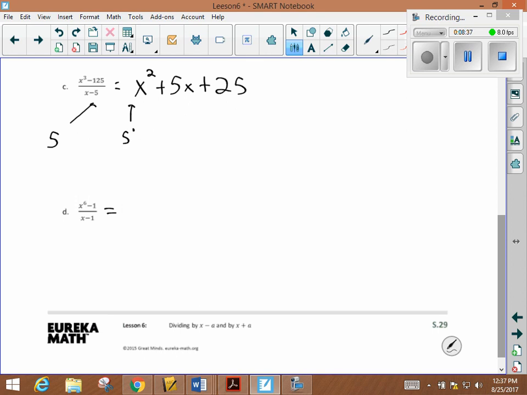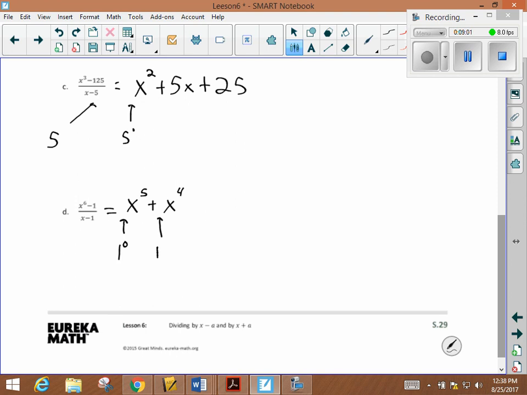x to the 6th minus 1. All right, where we're looking at different powers of 1 as we go out with this. Now, our degree of our numerator is 6. So we're going to have to start with x to the 5th, right? And remember, this is 1 to the 0 power, right? And then we're going to have x to the 4th.